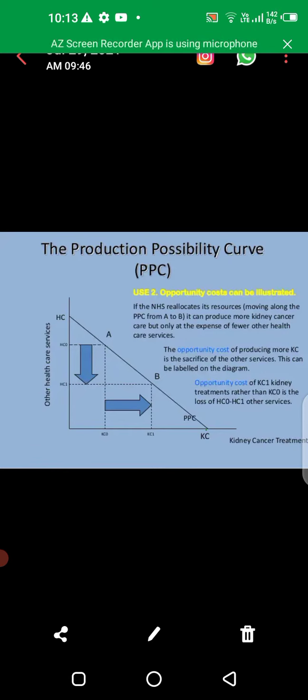The same can be used for comparing the opportunity cost of another producer to determine comparative advantage. For gaining one production, we are sacrificing another production, and for gaining the other production, we sacrifice the first. Whatever we sacrifice for another production, the sacrificed cost is called the opportunity cost.